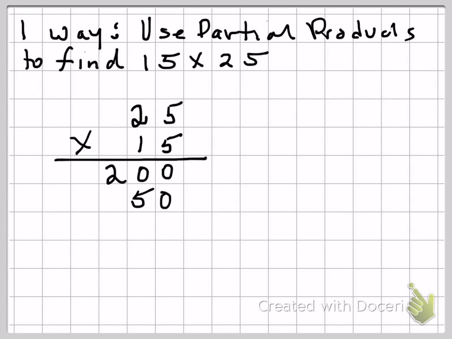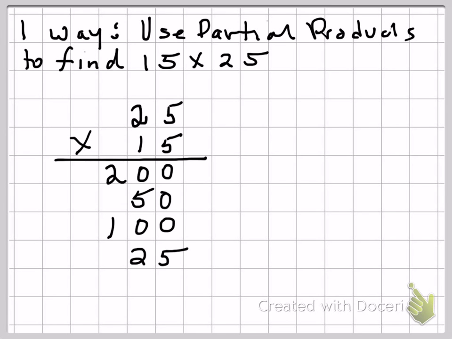Then I'm going to continue. Now I'm in the ones column. I've got 1 five in my multiplier times 20 in my multiplicand. I know that 5 times 2 tens, or 5 times 20, is 100. Stay with me. Now I am in my ones column. I have 5 in my multiplicand on top, 5 in my multiplier on the bottom. I know that 5 times 5 equals 25.